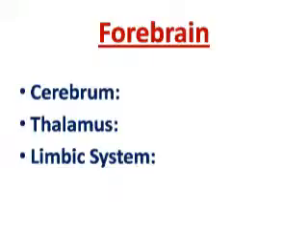Forebrain is the anterior part of the brain. It can further be differentiated into 3 functional parts, which are the cerebrum, the thalamus and the limbic system. We will study these 3 parts now in the next slide.